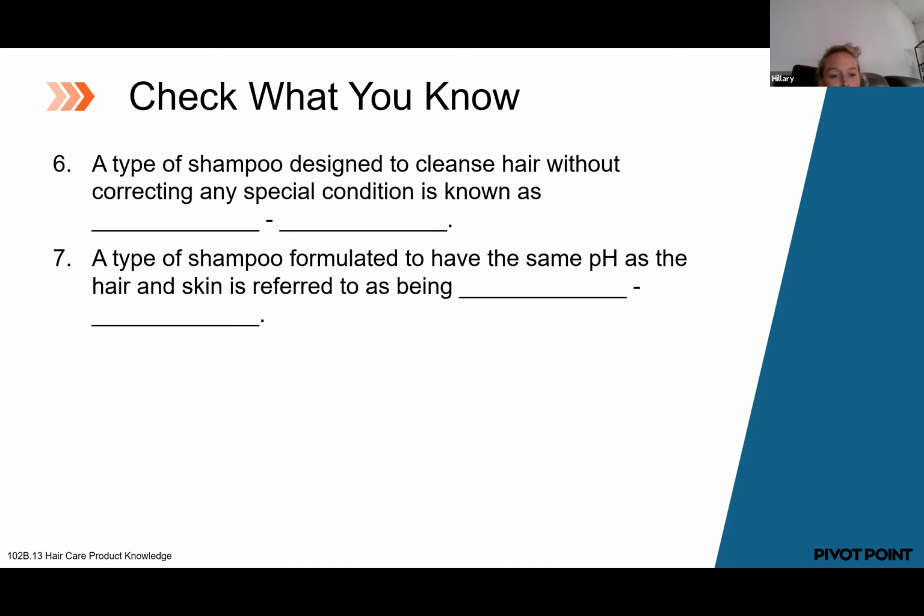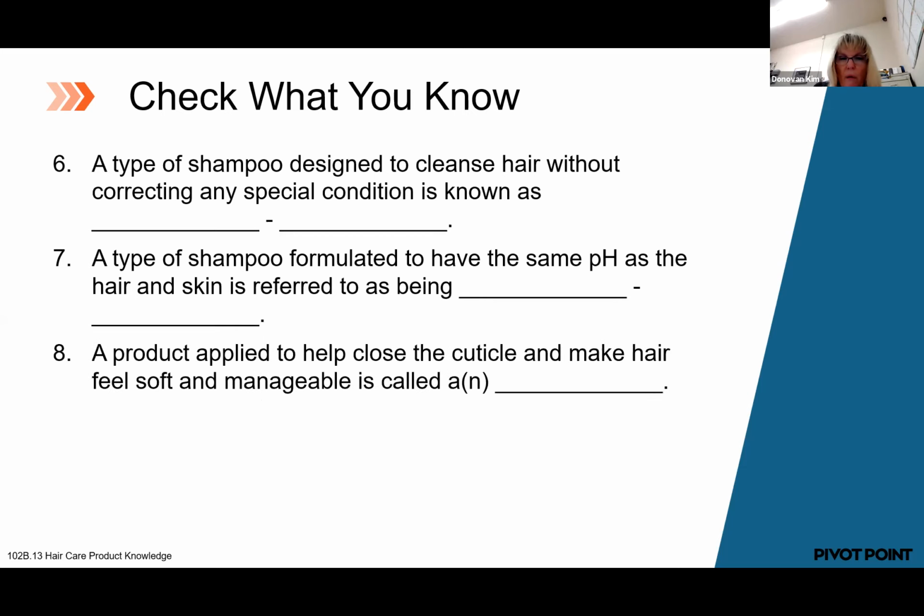It's normalizing shampoo. I think the keyword there is that it says the same pH as the hair and skin. So I think it would be a pH balanced shampoo, which could be normalizing too, right? When we think about it. They have so many names here.